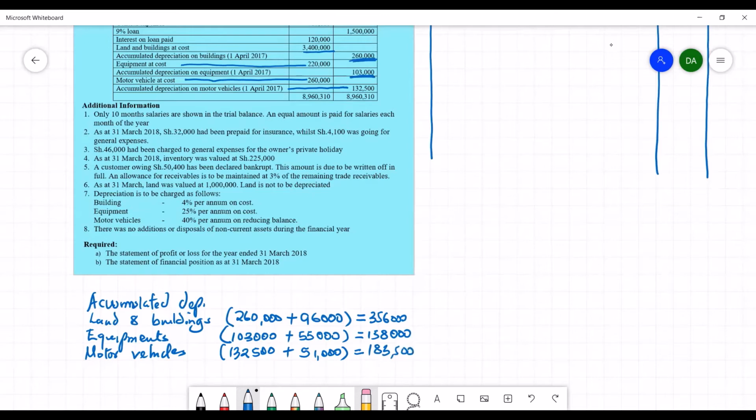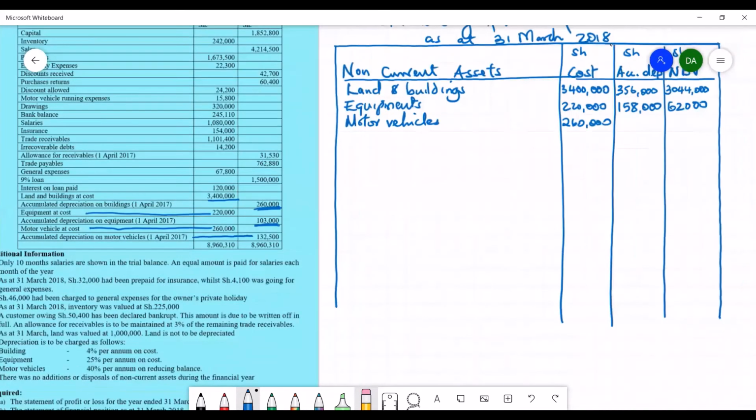So we have 183,500. That means, therefore, the net book value for the motor vehicles is equal to 76,500.